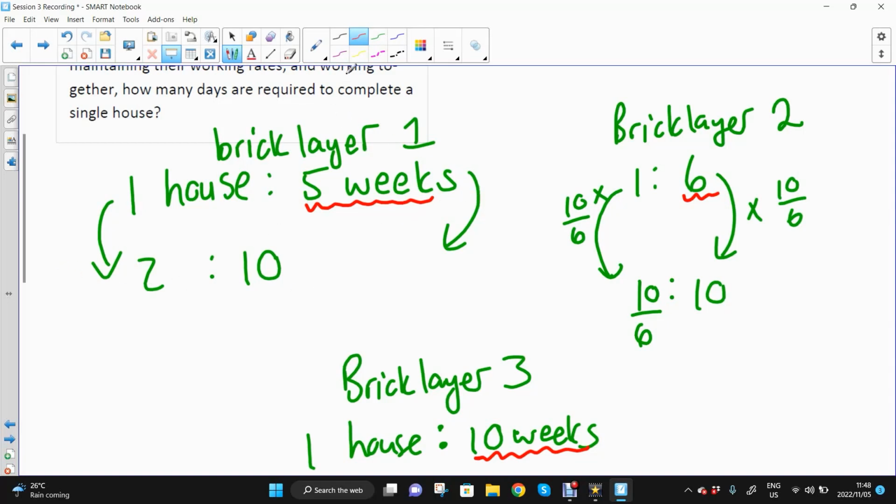So what I did here was multiply 5 weeks by 2 to get 10, and I did the same on the left. So now I know that bricklayer 1 can build 2 houses in 10 weeks. Then I needed to get the 6 to 10, so I multiplied both sides by 10 over 6, and I get 10 over 6 houses in 10 weeks.